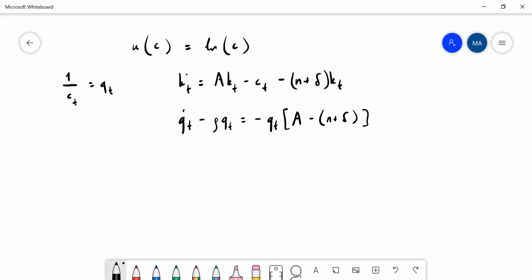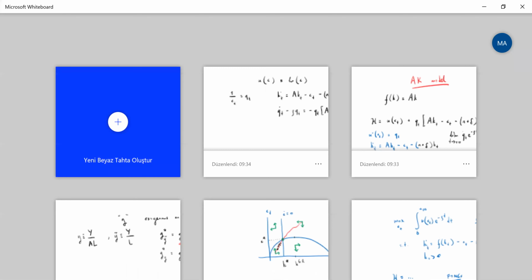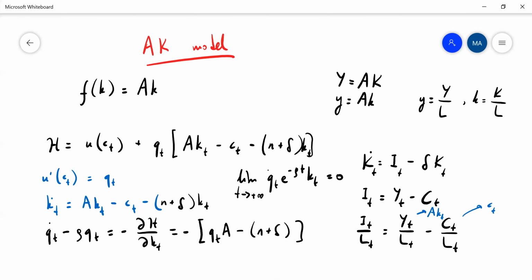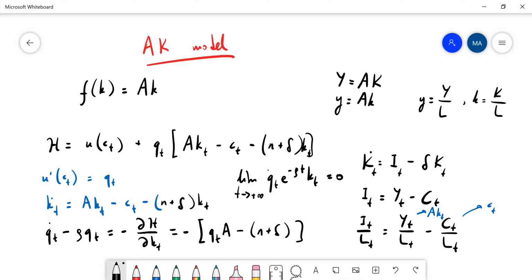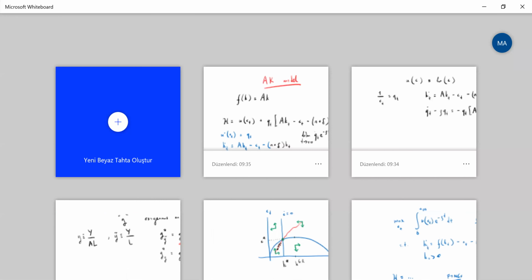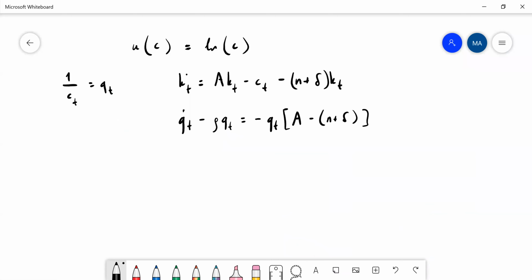Okay, so that's correct, right? Let me make sure I'm writing this correctly. Yes, there is one Q here. Okay. So what do I know?